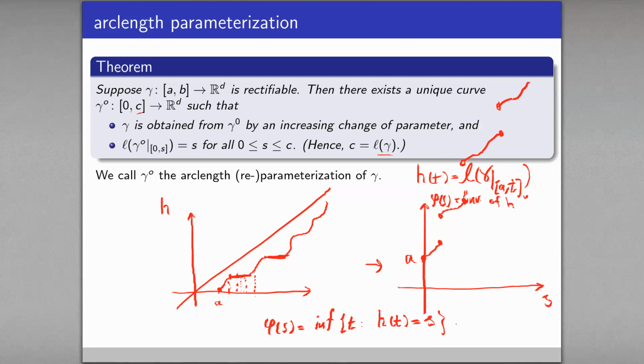So it's whether you get lower semi-continuous or upper semi-continuous. So this phi is a pseudo inverse to the function h. And the punchline of this proof is that the function defined to be gamma composed with phi becomes a continuous function, although phi itself is not continuous.